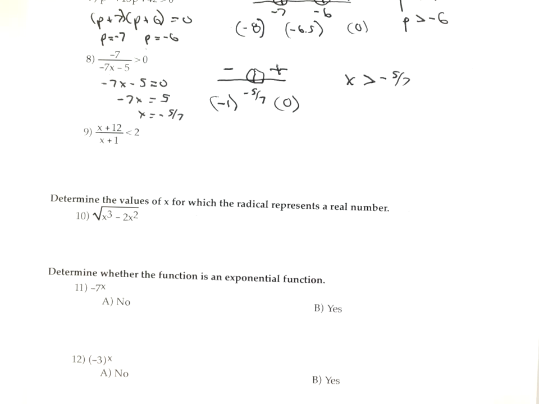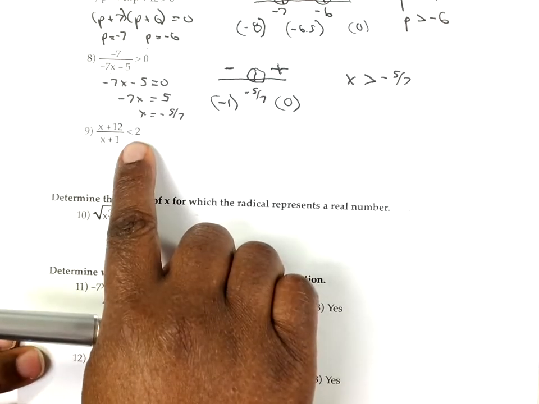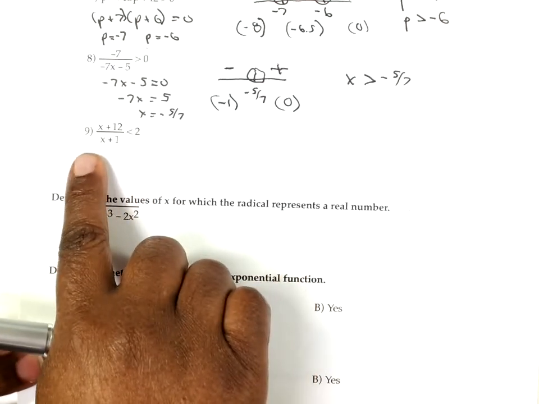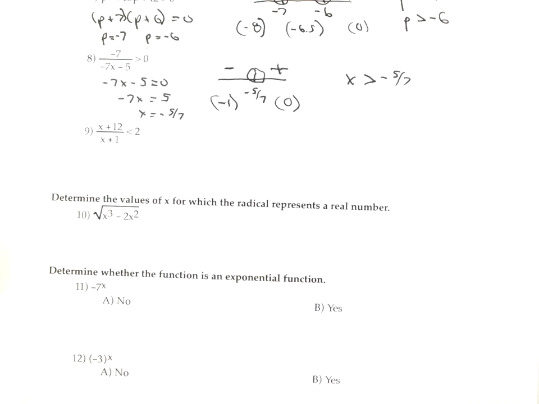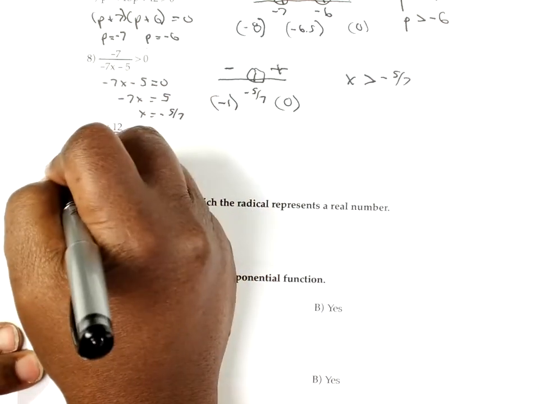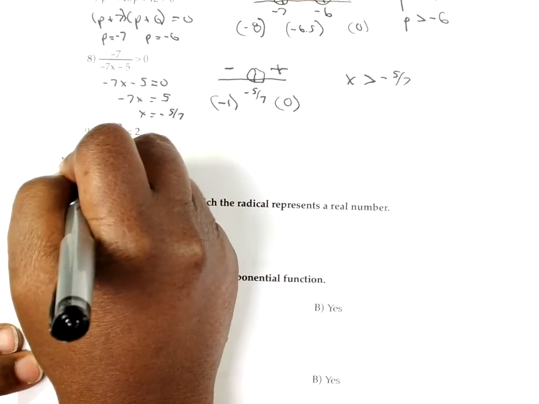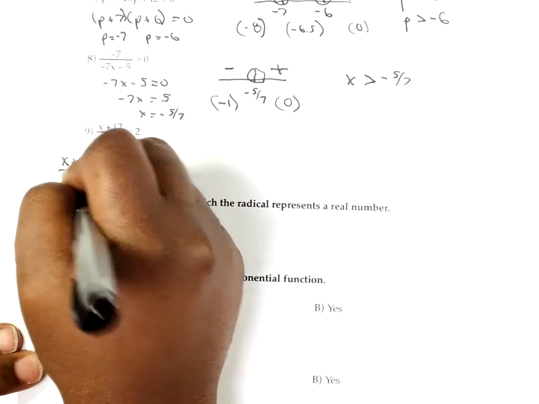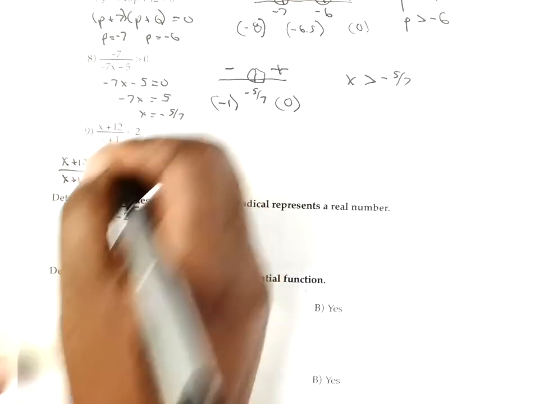Number 9, we have more work to do because for 9, we have it not equal to 0. So I have to move that 2 over, and then I also need to get a common denominator so that we can put it together into one fraction. I can't talk about the critical values, what makes it 0 and undefined, until it's one fraction. So I'm going to take that x plus 12 over x plus 1 and then subtract the 2.